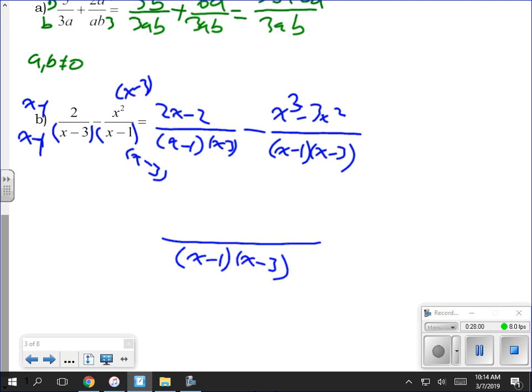And then combine up like terms. And I want to put it in standard form. There are no like terms at all, so it's basically put everything down, but watch the negatives. You're subtracting x cubed minus 3x squared, so that's actually negative x cubed, and minus 3, that's actually plus 3x squared, and then plus 2x minus 2.